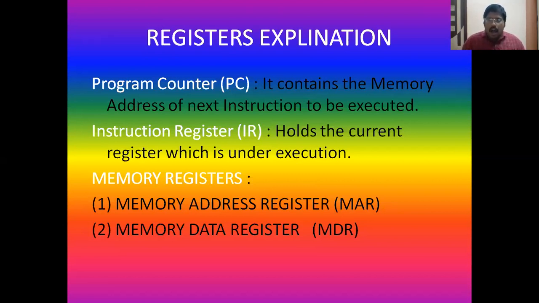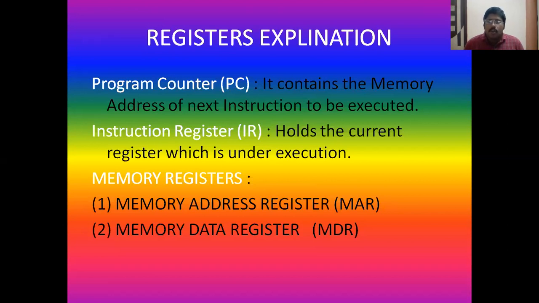All the instructions are stored in the memory. So whenever the ALU is executing the third instruction, it is necessary to store the address of the next instruction. The next instruction address will be stored in the program counter. It is just like a function going on in our college: when a person is receiving the prize, it is necessary to know who is the next person to get an award.